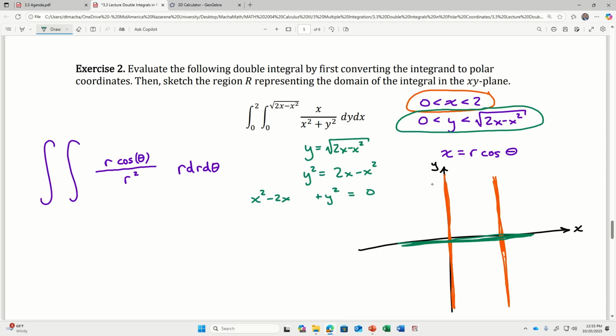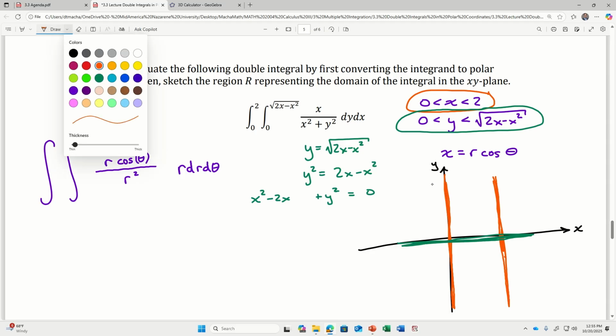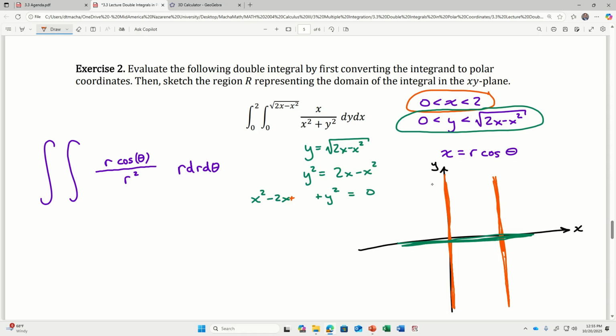And then we're going to do something called completing the square. I'm going to add something to both sides of this equation so that in terms of my x variable, I get a perfect square quadratic polynomial. And I've got x squared minus 2x plus blank.